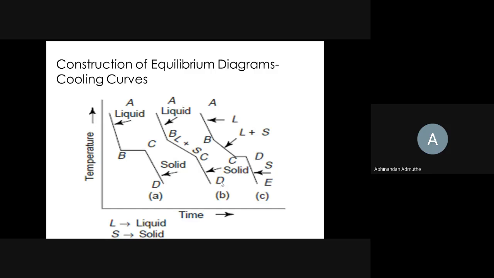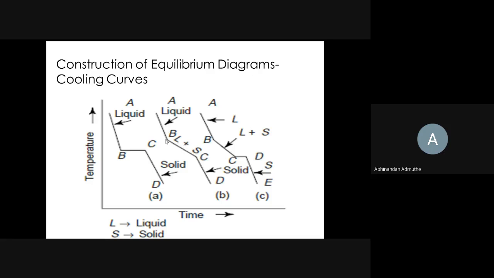Whereas you can see the second curve. Obviously, above point B we have liquid, and below point C we have solid. In between B and C we have the liquid plus solid region. It is a semi-solid region, and the alloy has solidified over a range of temperature. Solidification will start at this point and end at this point.